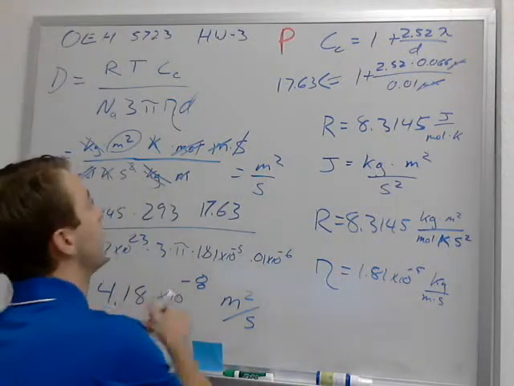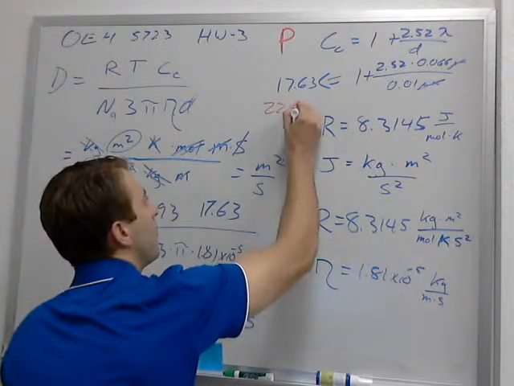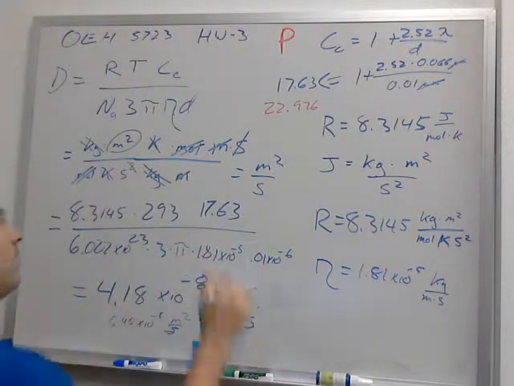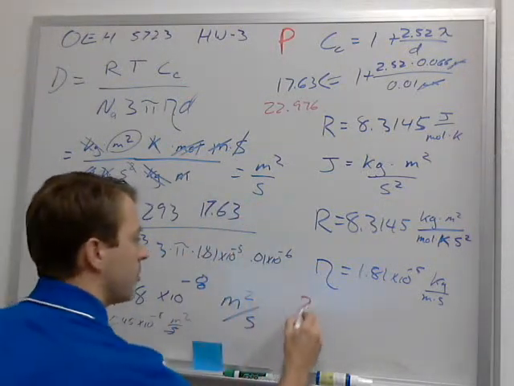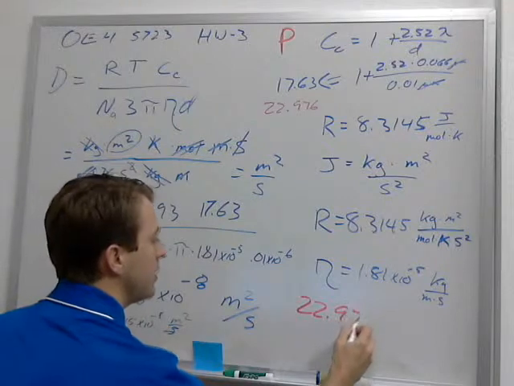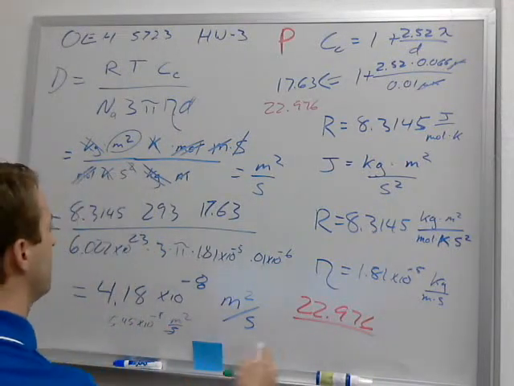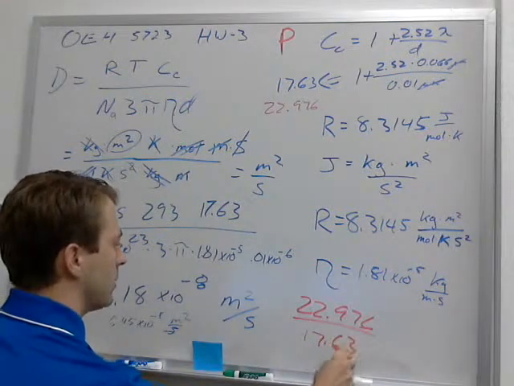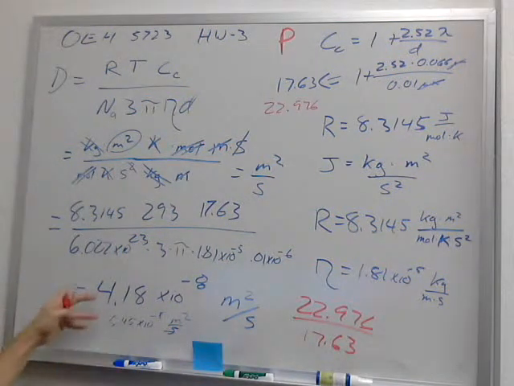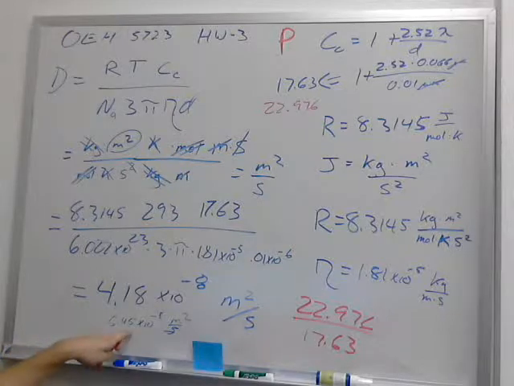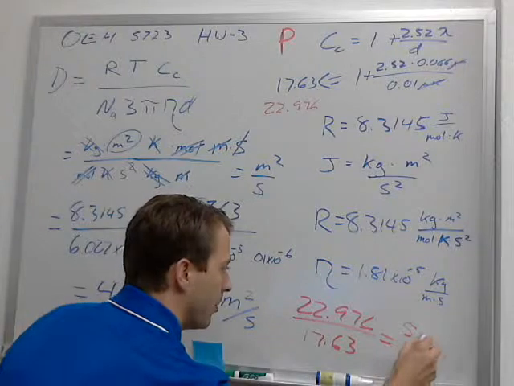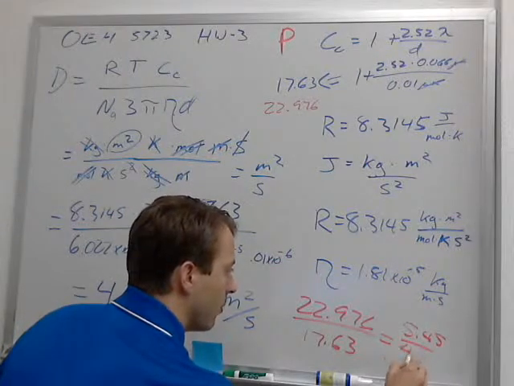So the way we could tell that is we can see the true slip correction is 22.976. And so if we look at the ratio of what we should have had to what we did have, 22.976 compared to 17.63, that should be the same ratio as 5.45 to 4.18.